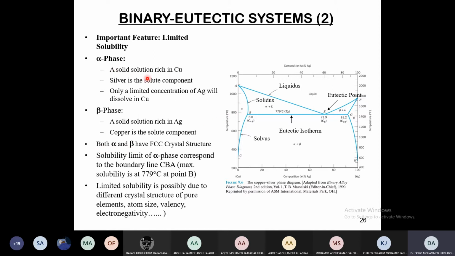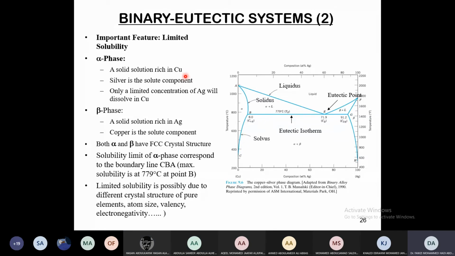Now, if you want to look at the crystal structure type, since we are talking about the copper and silver, what is the crystal structure of the copper? FCC. What is the crystal structure of silver? FCC also. Both of them are FCC.